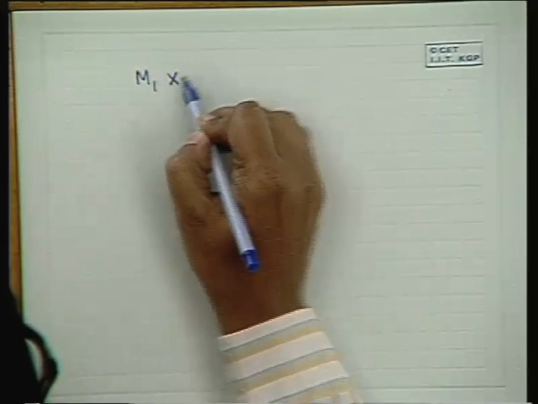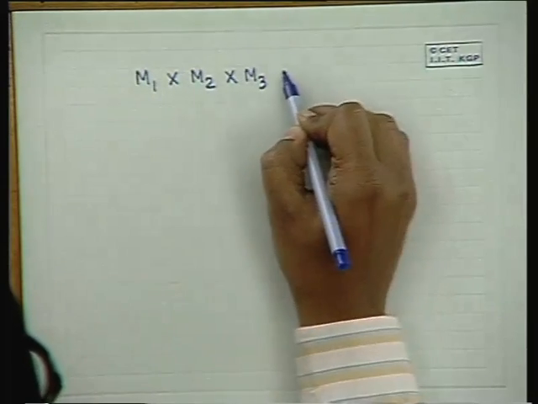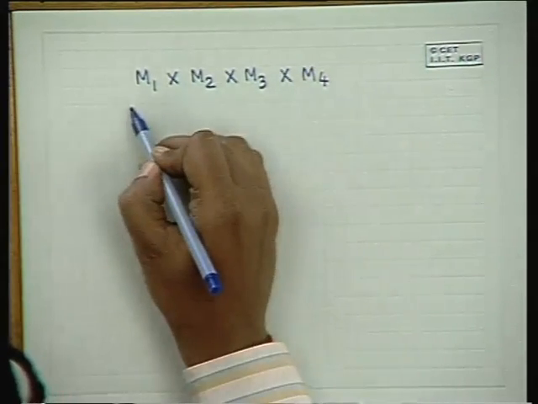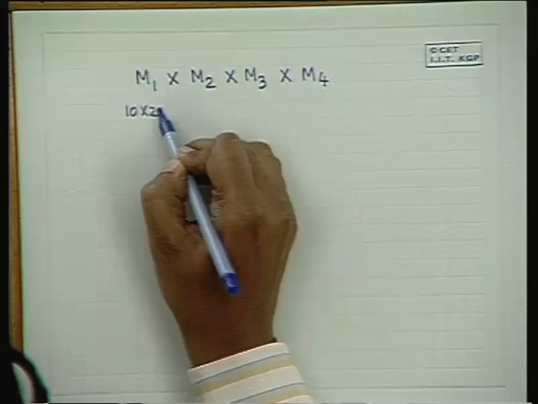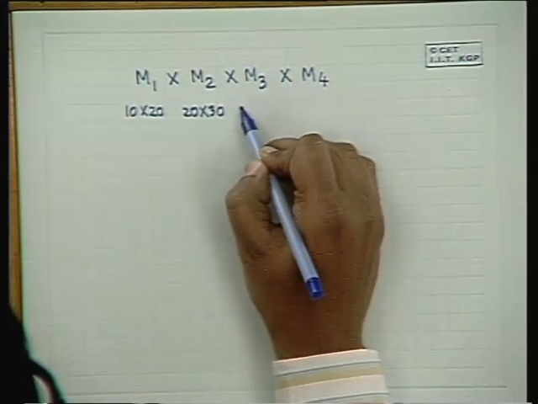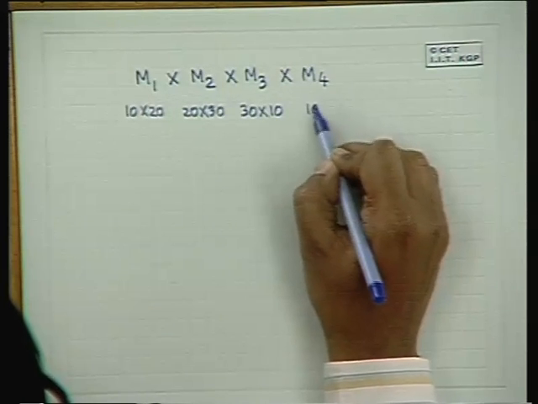Consider the problem of multiplying a set of matrices M1, M2, M3, M4. Now in order to multiply this 10 by 20, this must be some 20 by something, say 30, this must be some 30 by say 10, and this may be 10 by 40.